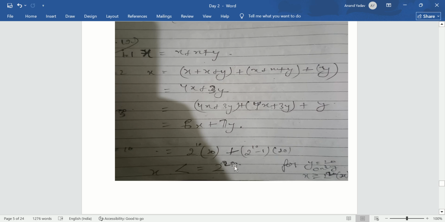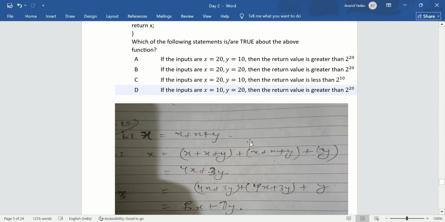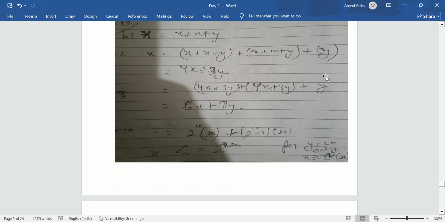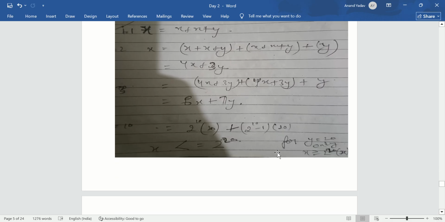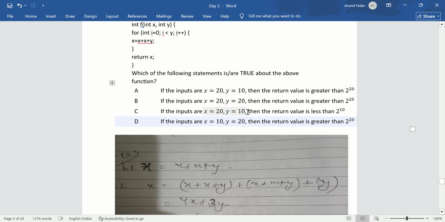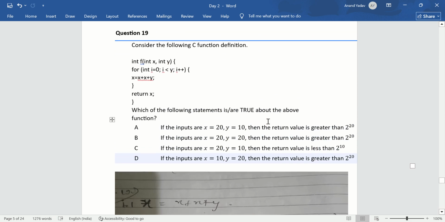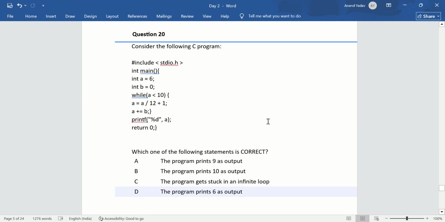If it is 10, its value is less than or equal to 2 power of 20, but I need greater than 2 power of 20. So it will generate greater than 2 power of 20 when y is equal to 20. So options B and D are correct. In this way I solve this question.